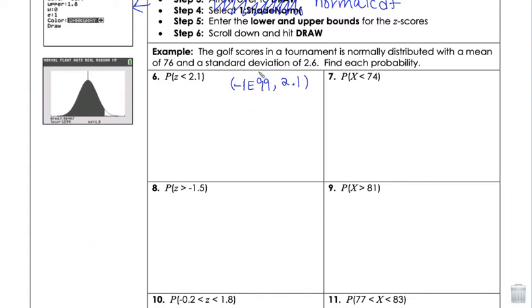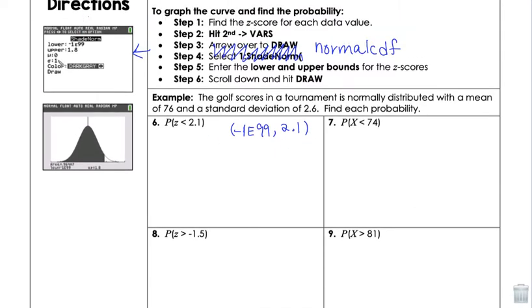So you put -1 e99 for your lower bound, 2.1 for your upper bound in this calculator screen, except instead of say normal, it will say normal CDF. And enter, you will end up with the probability of 0.9821.